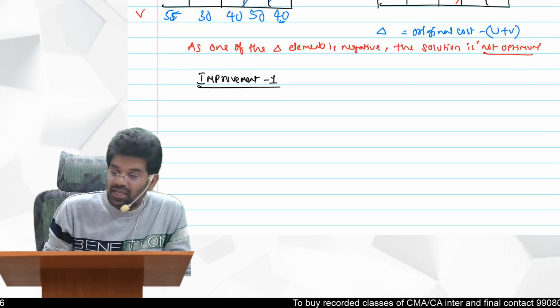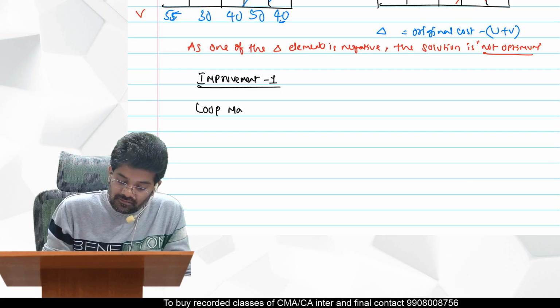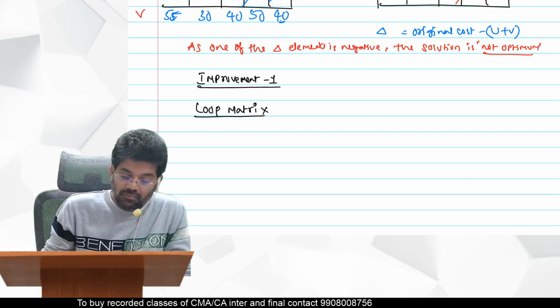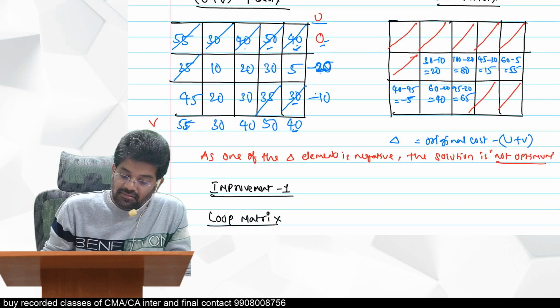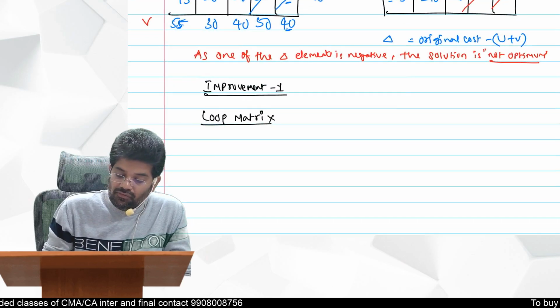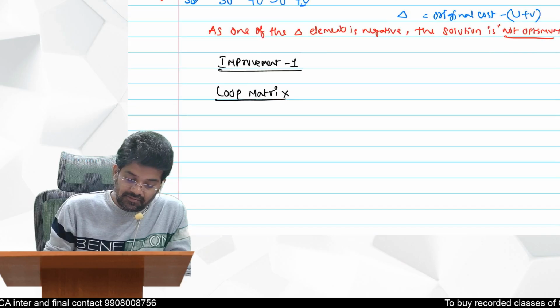We should prepare a loop matrix. We call that a loop matrix. What you should do is take again the same number of rows and columns along with boxes.